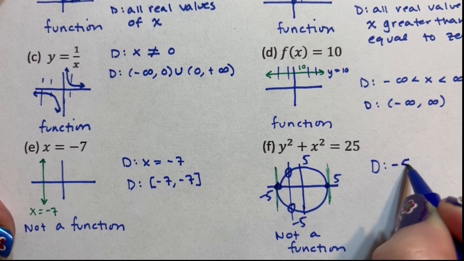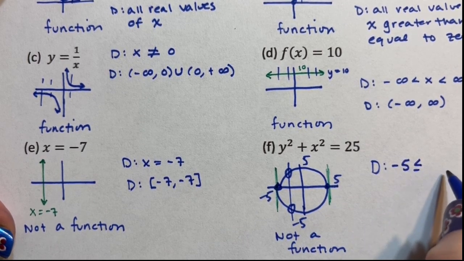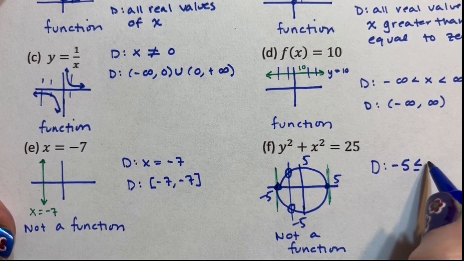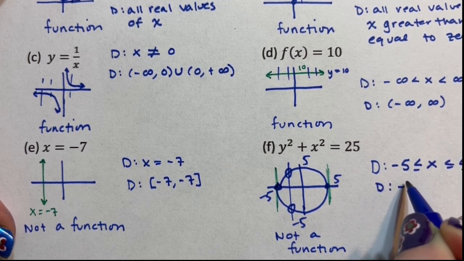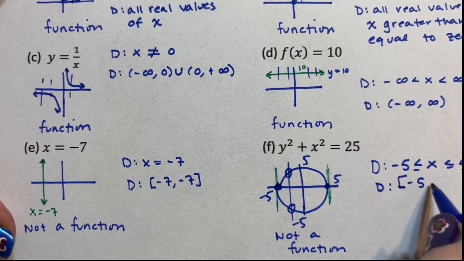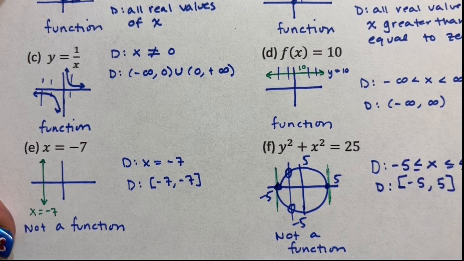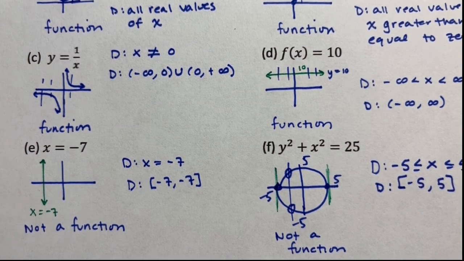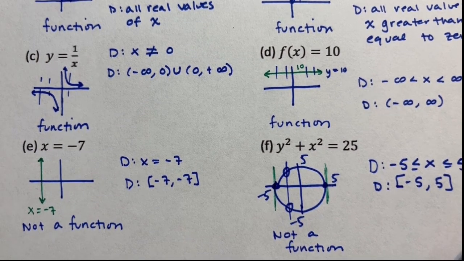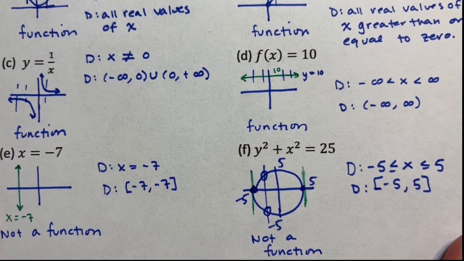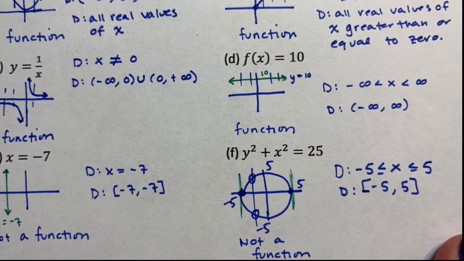So it exists from negative 5 is less than or equal to x is less than or equal to positive 5. So in interval notation, it is bracket, negative 5, 5, bracket. So it does have a domain, even though it is not a function. Not too difficult a domain to write.